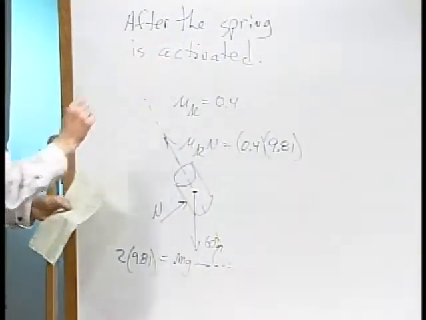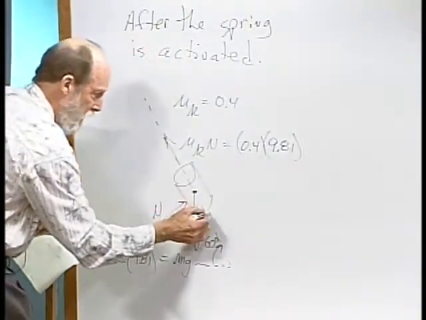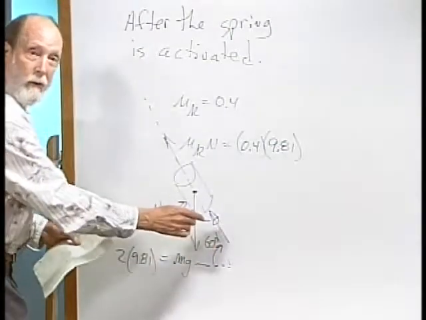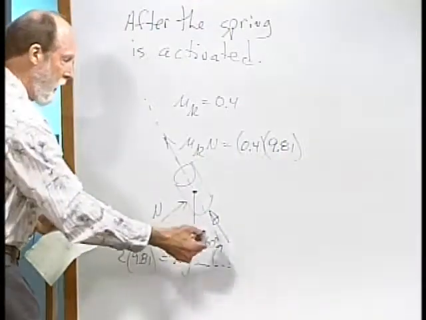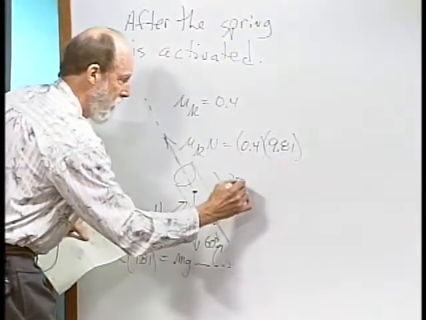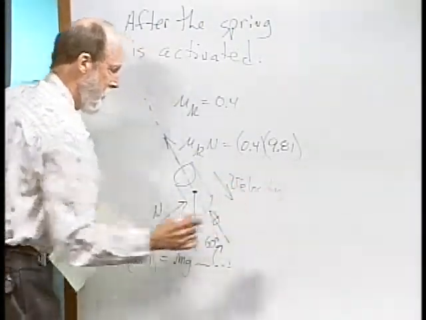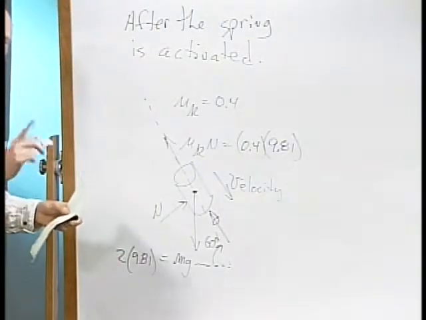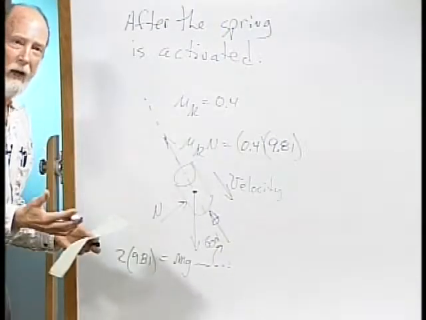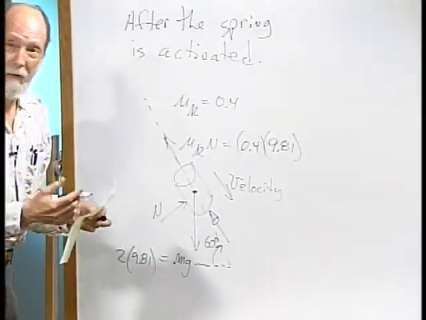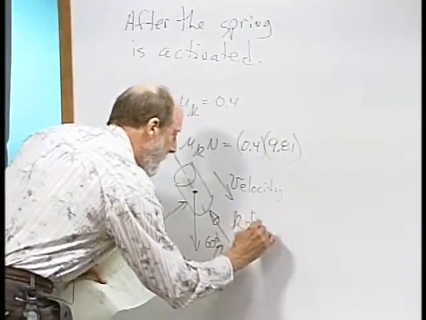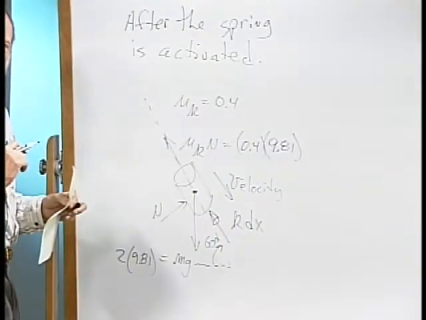Now, when the spring is activated, the spring is pushing at an ever-changing force against the object as the object is moving downward with some velocity. Right? And that spring force is what? K times the displacement that exists in the spring. So it's K, let's say a differential displacement dx.